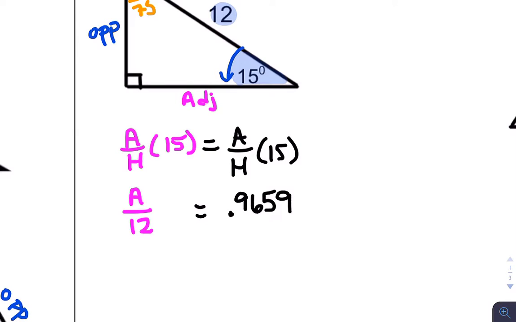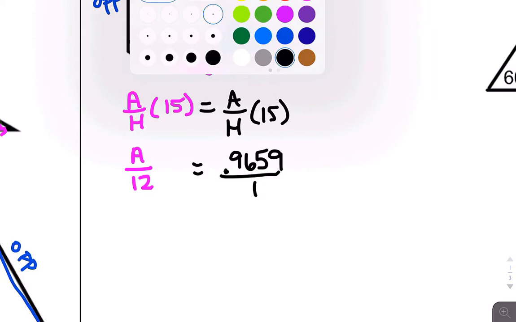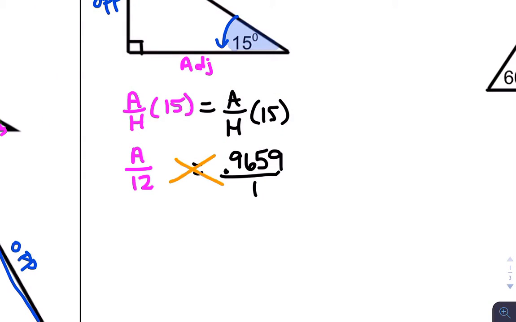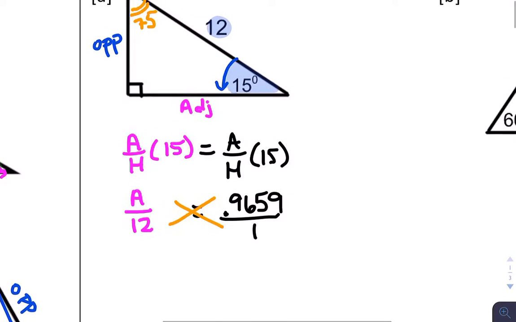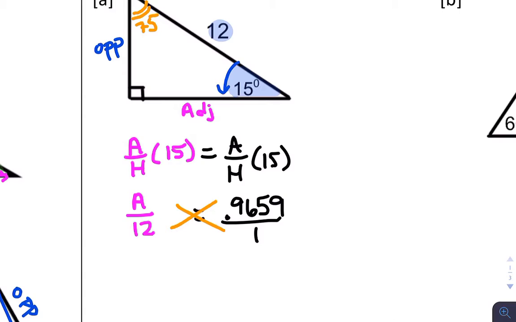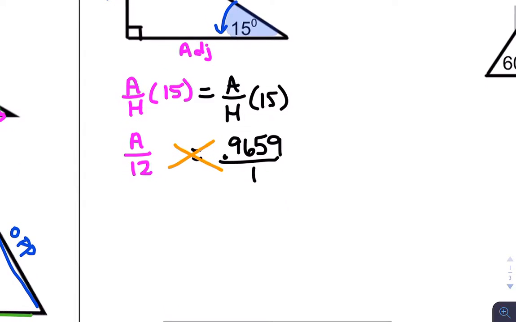Now to help us solve this algebraically, I'm going to go ahead and put that thing over 1 so we can do a cross multiplication, because really at this point that's all we have left to do. Setting the ratios up first, we have a nice order, helps with organization. Now we can pull the numbers off, one from the triangle we're trying to solve, the other from the trig sheet that holds those values.